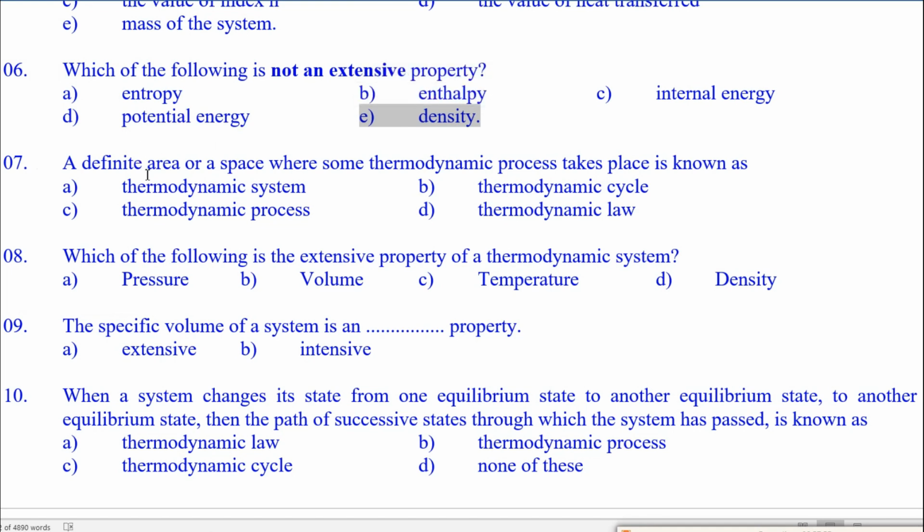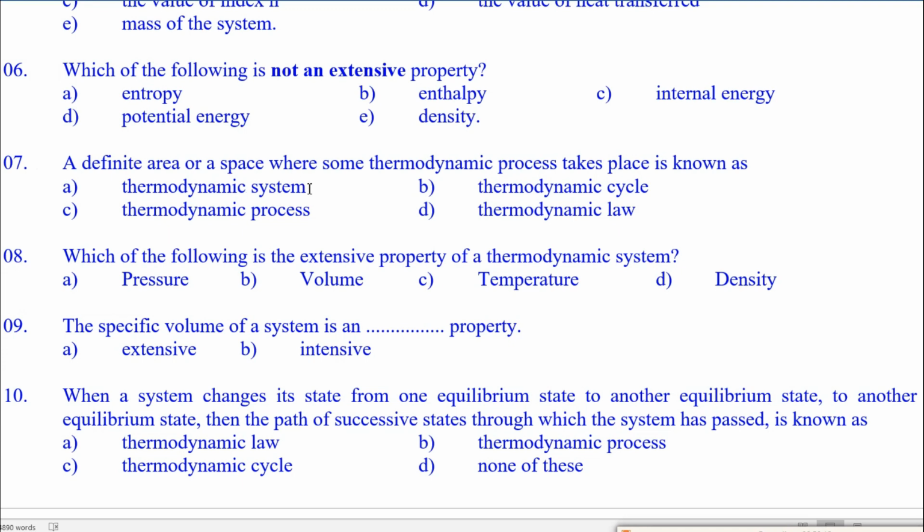And question 7, a definite area or space where some thermodynamic processes take place is known as thermodynamic system, thermodynamic cycle, thermodynamic process and thermodynamic law.